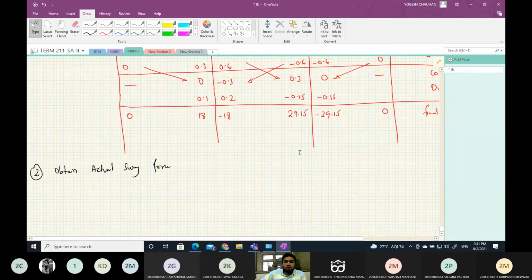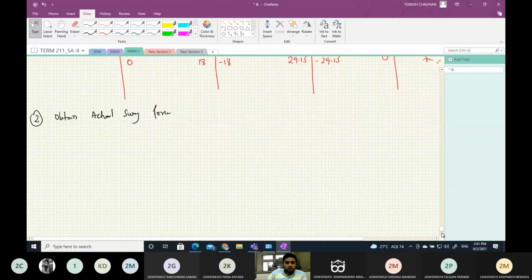So to obtain the sway force, consider the member AB, which is 6 meter, and let HA be the reaction at A. The moment at A is 0 and the moment at B is 18.